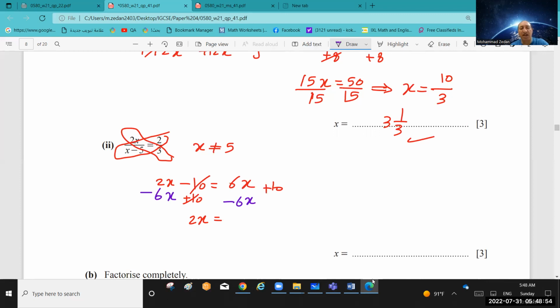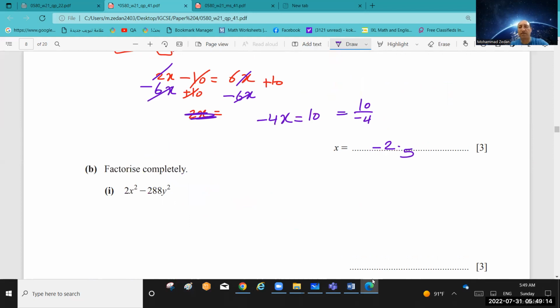So 2 minus 6 is negative 4. Okay, negative 4x is equal to 10. So x is 10 over negative 4, which is negative 2.5. The x is negative 2.5.